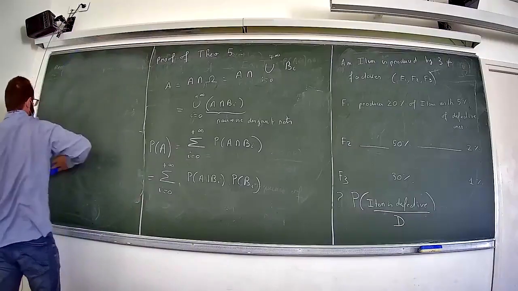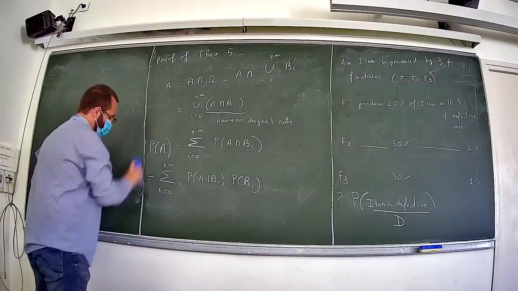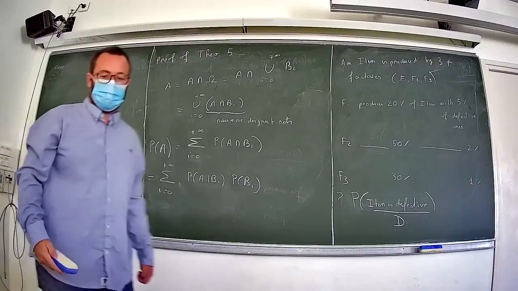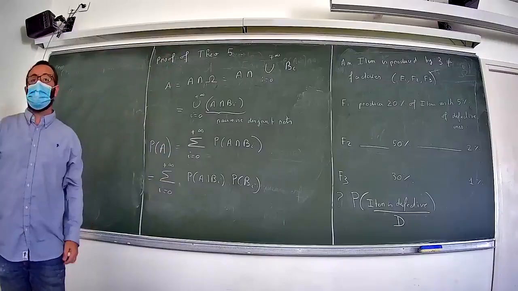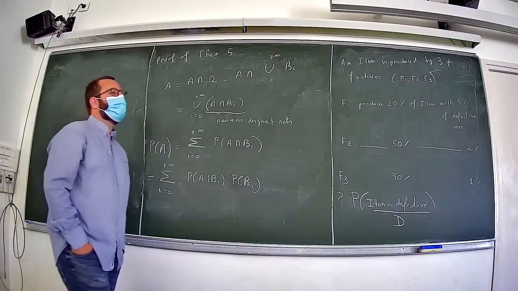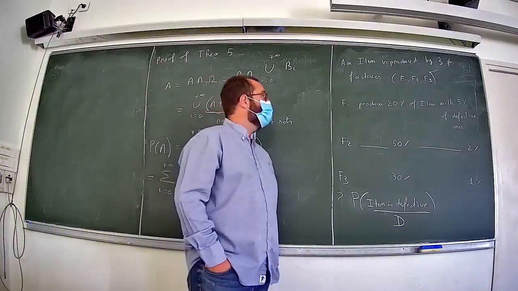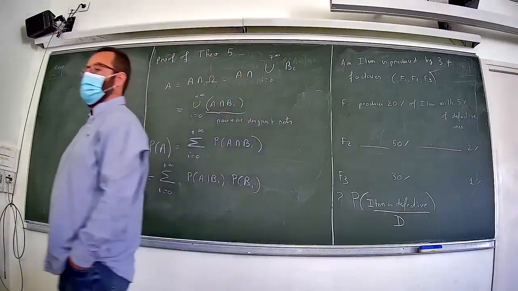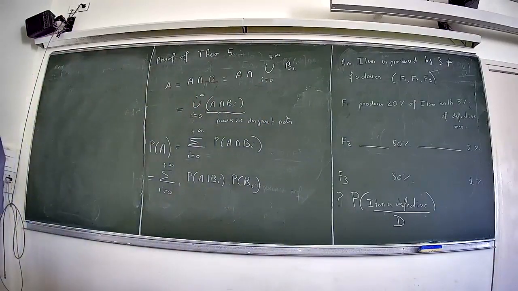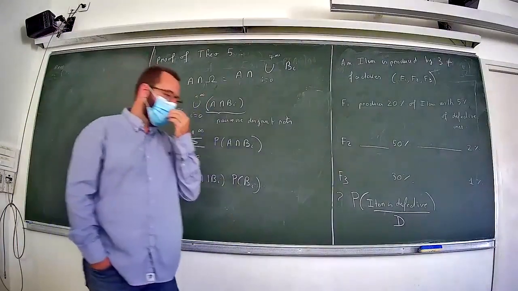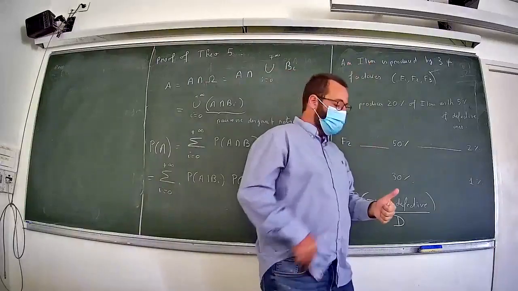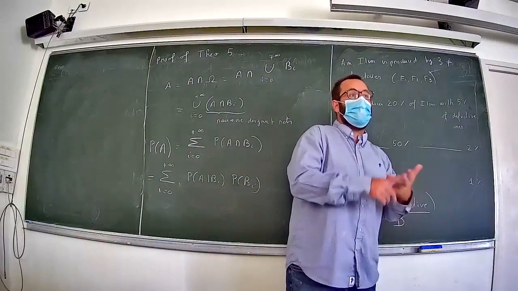What do I have to do? Well, of course, it is related to what I have done previously. Here I am not in the case where I have a countable partition, but I have a finite partition. Which one? What is my underlying partition of the universe here? Just have a look at the statement. I know that an item can be produced by F1 or F2 or F3.